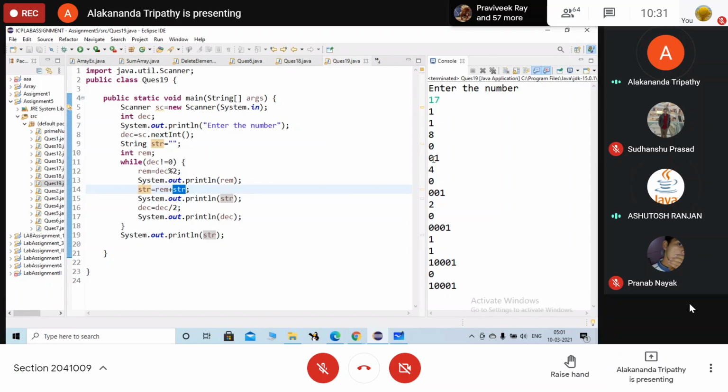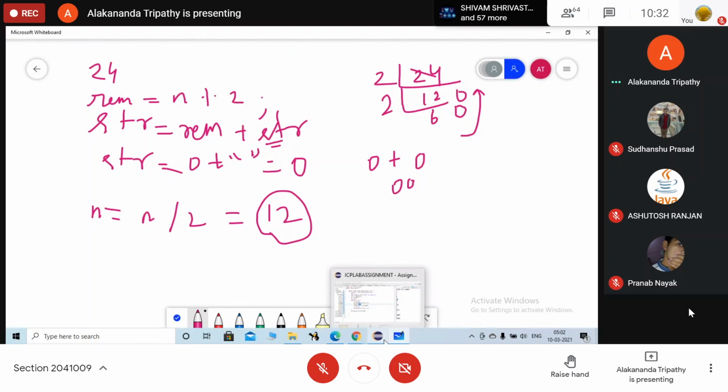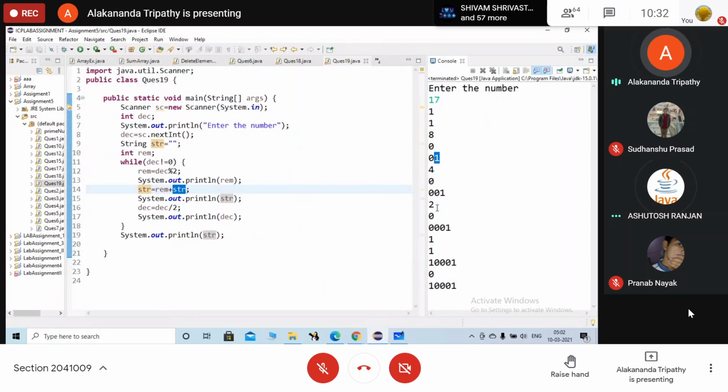STR के पीछे. हाँ, पहले क्या हुआ? 0 आया, उसके बाद क्या आ गया? STR आया. सो हम लोग जब निकालते हैं, हम लोग का कैसे जाता है फ्लो? डाउन से अप जाएगा. जो सबसे लास्ट में वो कहाँ पे रहेगा? सबसे पहले रहेगा, है कि नहीं? देखो जो लास्ट में है वो कहाँ रहेगा? पहले रहेगा.